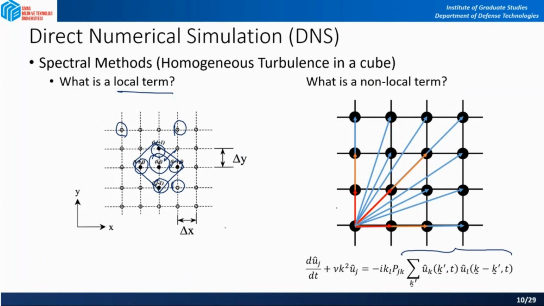For example, this is my point, but I have to multiply all possible Fourier modes relevant to this point with all other points that exist in your domain. Just consider that for this point, you have to use all the points, and at each of these points, you have to use the whole Fourier terms.